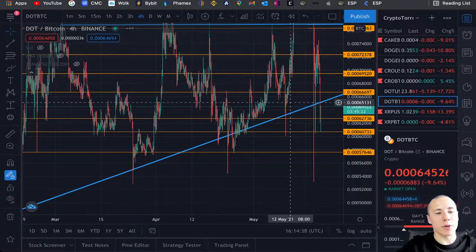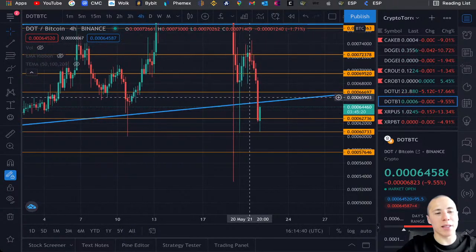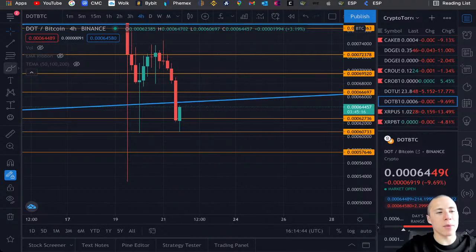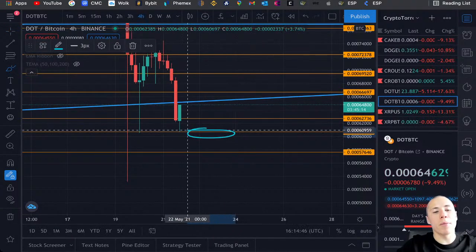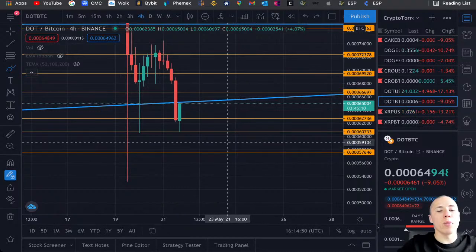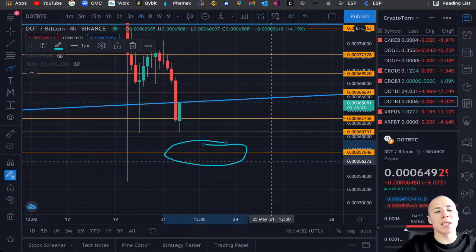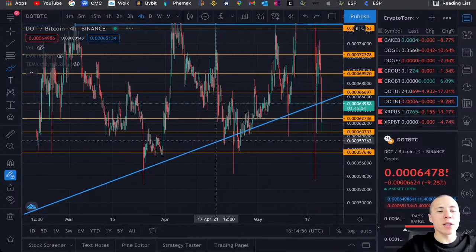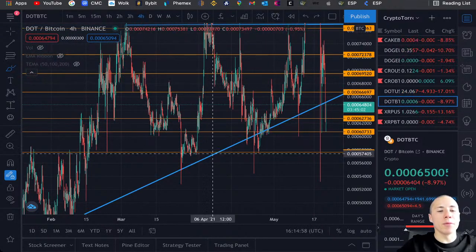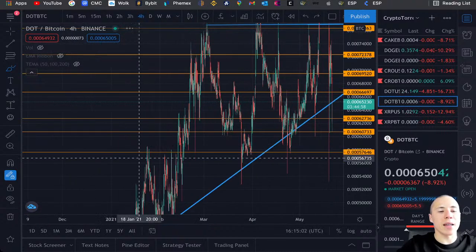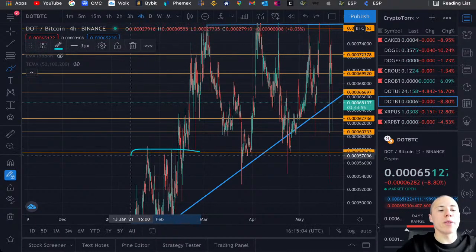Of course I will be looking at possible levels of support and resistance, and if Polkadot breaks even further down, for sure it could find support on top of this orange line over here, but I personally think that if it does not have enough strength, it will be heading down towards this level of support, especially because we saw that previous momentum towards the downside stopped all the way over here, and we saw many times that it was previous resistance.